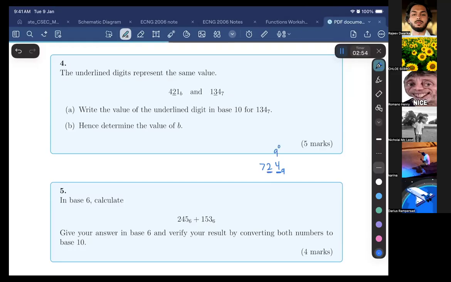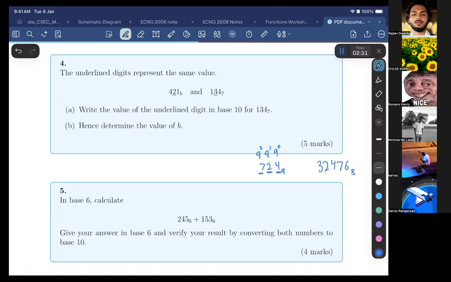What would the place value for the next one be? 9 to the power 1. What would the place value for 7 be? 9 to the power 2. Okay.